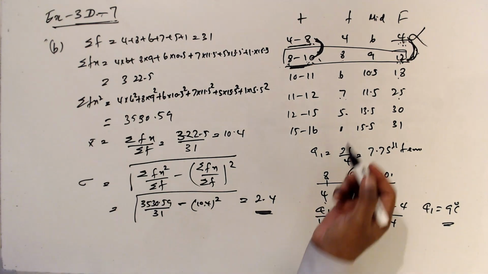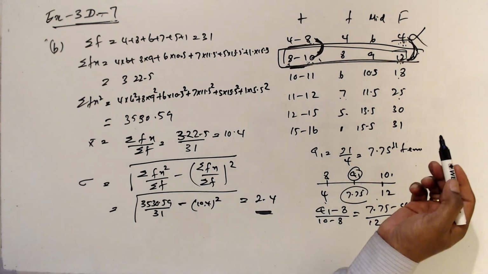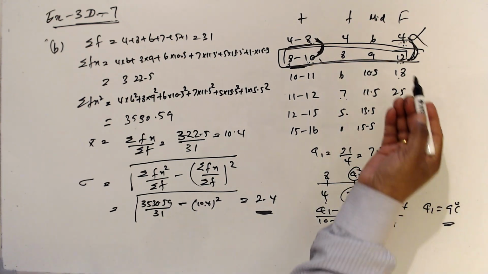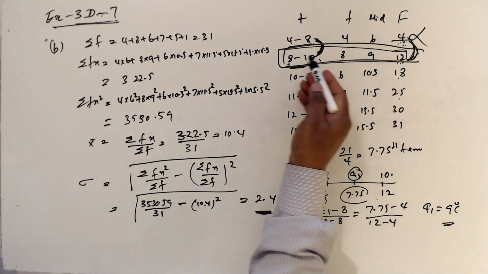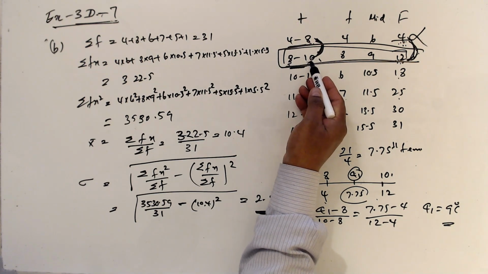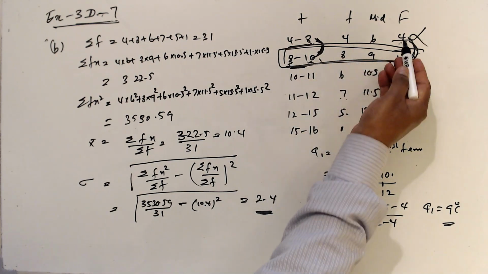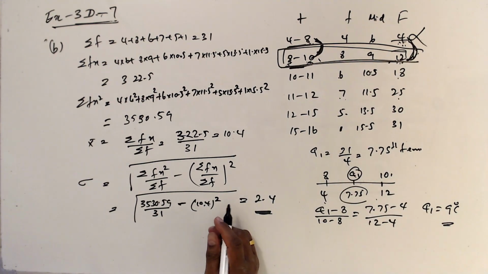But actually, this is the class interval we need, because 7.75 is in this one, between 8 and 10. So up to 10 it is 12, up to 8 it is 4.